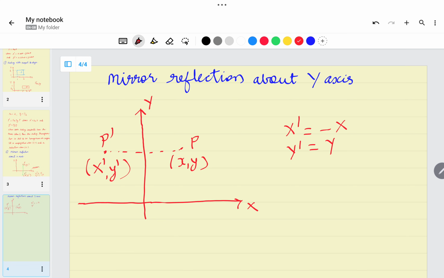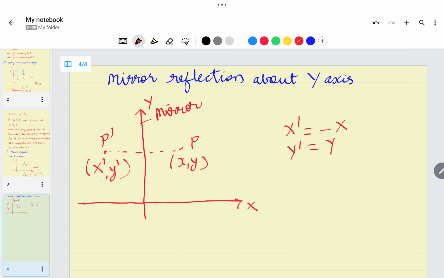So when you take a mirror reflection about y axis, the y axis is treated as a mirror, and in this case the x coordinate is reversed, is negative, and y coordinate remains the same. So x dash is equal to minus x, y dash is equal to y.